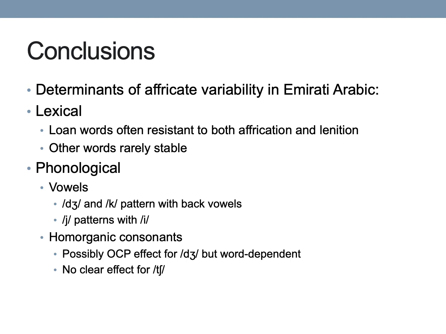In conclusion, using 3 different types of data and research methods, we have attempted to provide a detailed characterization of the behavior of affricates in contemporary Emirati Arabic, to compare it with historical accounts and findings from other dialects. Our results show a contribution of the 3 different factors to the patterns of variability in how affrication and lenition are applied.